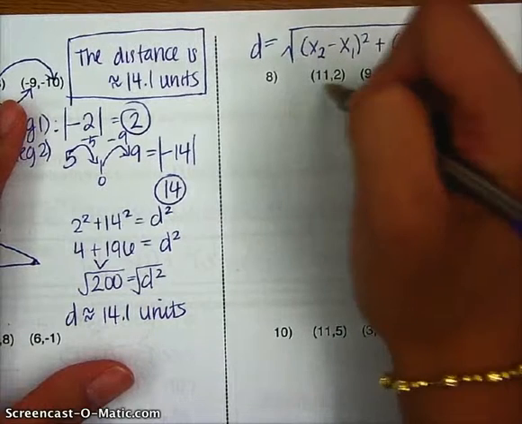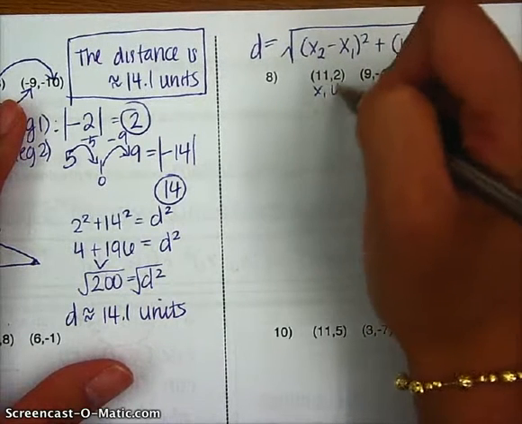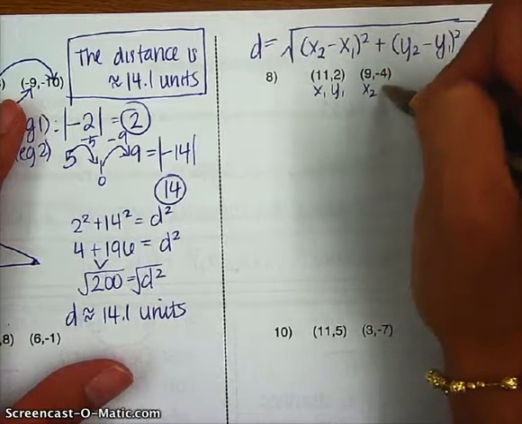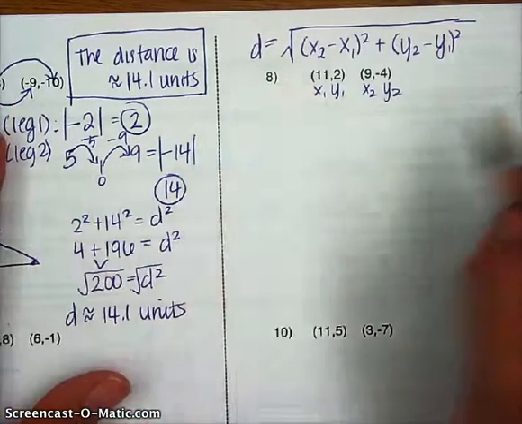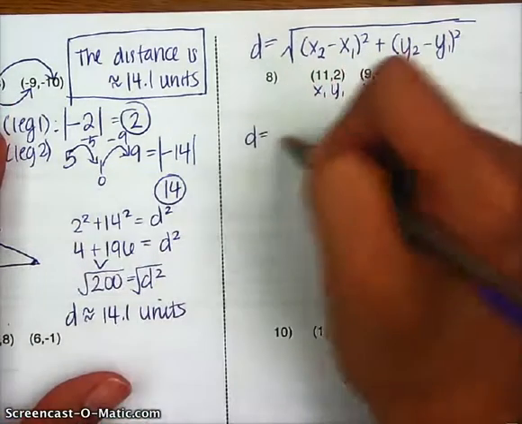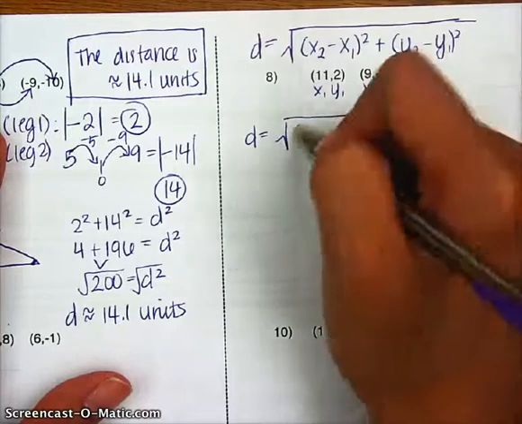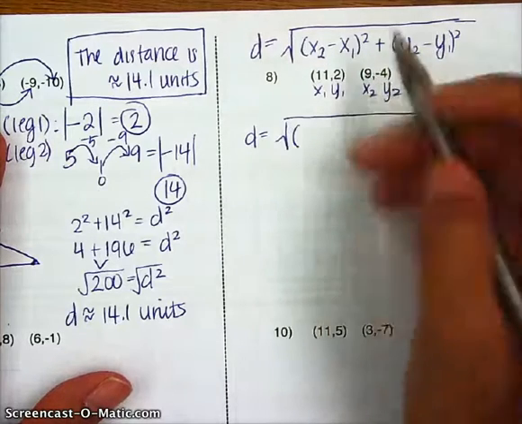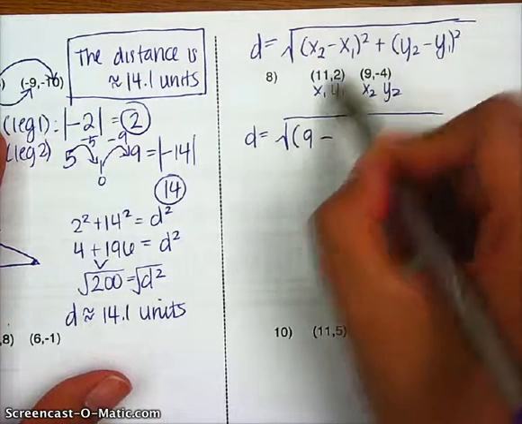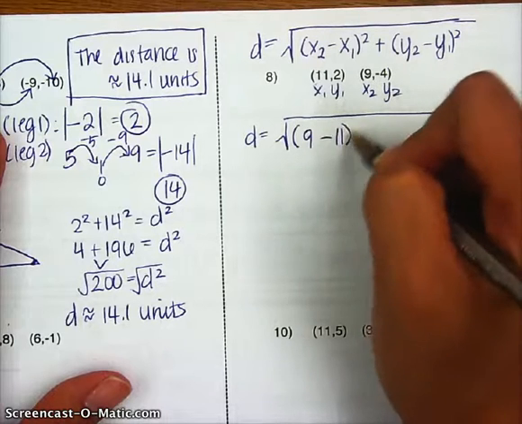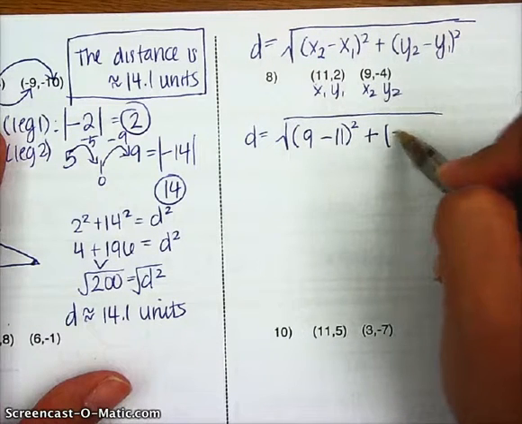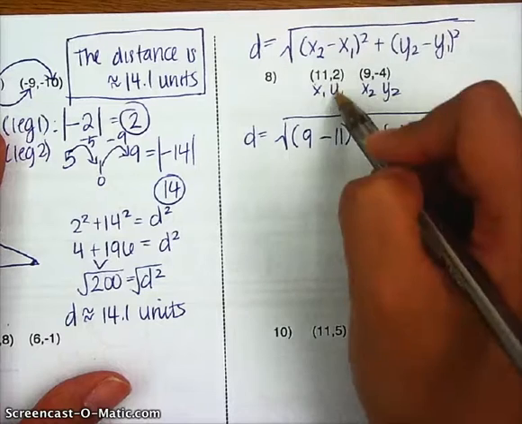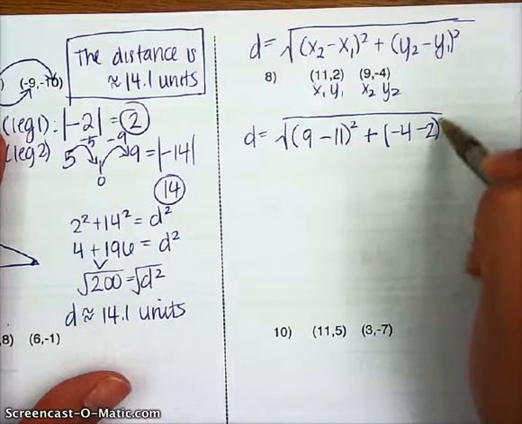So here I'm going to go ahead and label this x sub 1, y sub 1, x sub 2, y sub 2. I need to plug it into my formula. The distance equals the quantity x sub 2, which is 9, minus x sub 1, which is 11. I'm going to square that quantity. Then add y sub 2, which is negative 4, minus y sub 1, which is 2, and I will square that quantity as well.